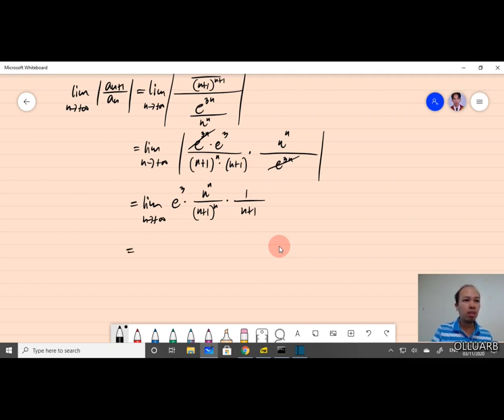As you notice, this is a product, so we can distribute the limit. The limit of the constant is the constant times the limit of n to the n over n plus 1 to the n as n approaches infinity, and the last factor, we have the limit of 1 over n plus 1 as n approaches positive infinity.